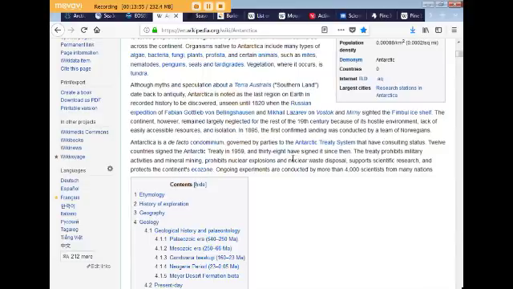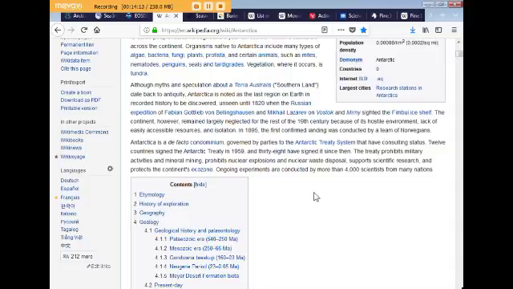Antarctica is a de facto condominium governed by parties to the Antarctic Treaty System that have consulting status. 12 countries signed the Antarctic Treaty in 1959, and 38 have signed it since then.